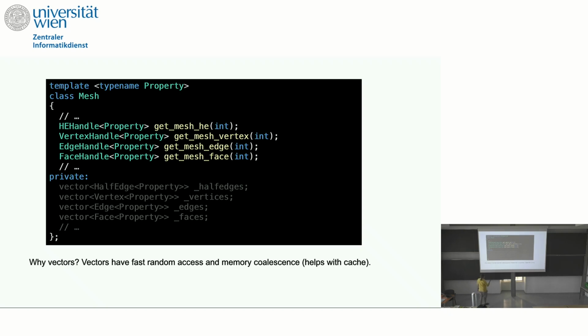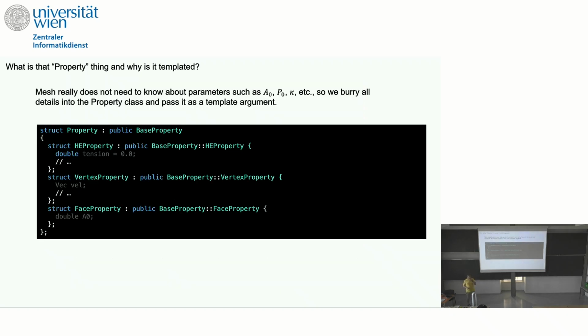So why am I using vectors? Well, because they have fast random access and memory coalescence, so this helps me a little bit with cache. However, I have to be careful that this approach is not really very good if I want to add things to my network, because then I have to recreate all of my iterators, but that's a technical thing. So in the actual production version of this code, I'm using lists, which are a little bit slower, but a little bit more flexible. Okay, any questions so far about design?